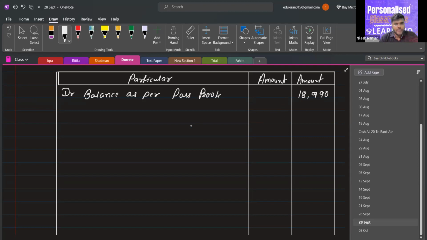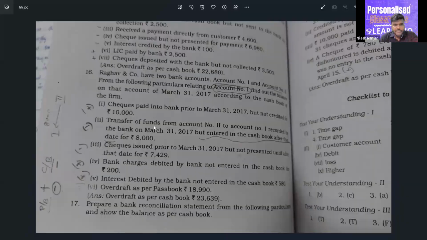Okay, sir. Now the second thing is the first transaction. Check paid into bank prior to March 31st, 2017, but not credited, for 10,000. So we have deposited the check, so it will increase our cash book. Okay, but we are using the passbook balance, so we will increase our passbook.